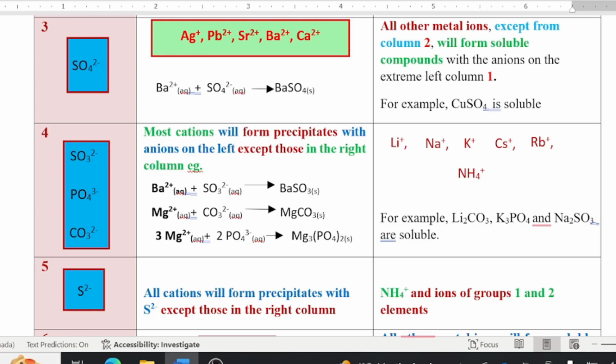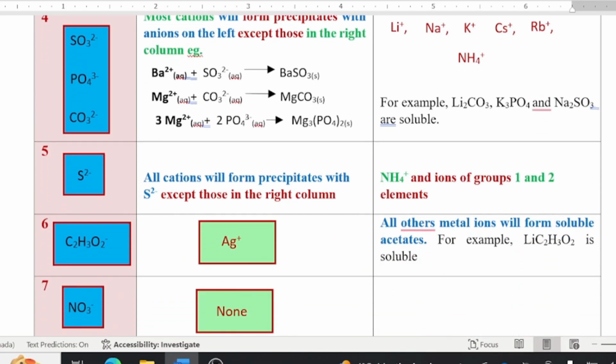And so on, and phosphate. So if I wanted to know if potassium will form a precipitate with these, I check here. Is potassium there? Yes. It will not form that. If I wanted to know if copper is going to form a precipitate, copper is not here. Definitely copper will react with any one of these to form a precipitate.